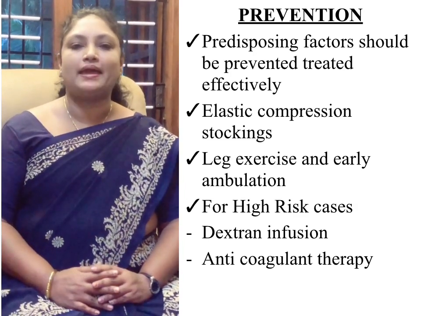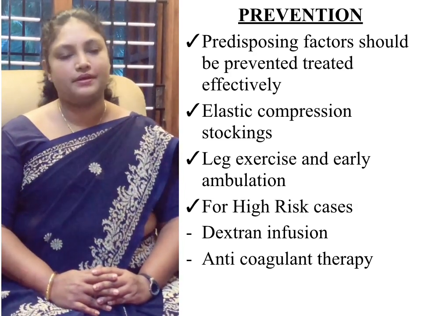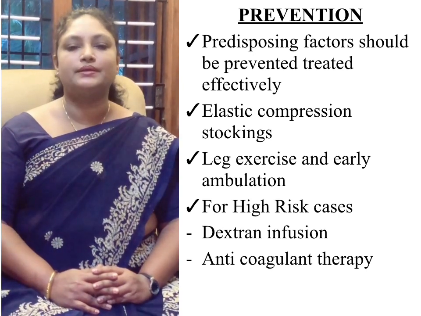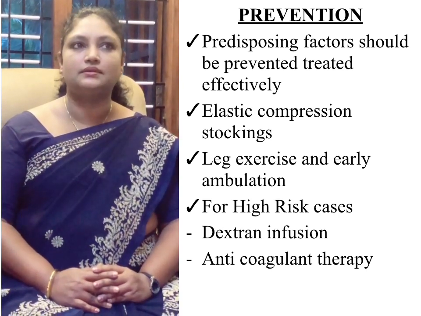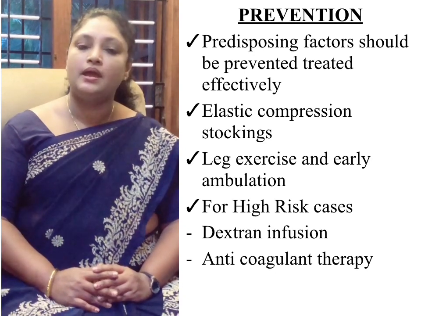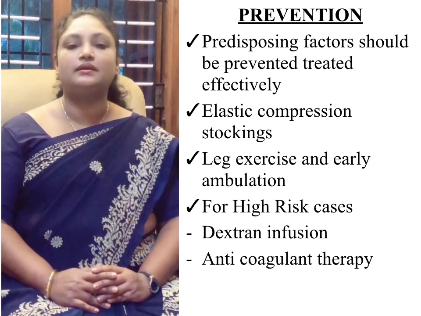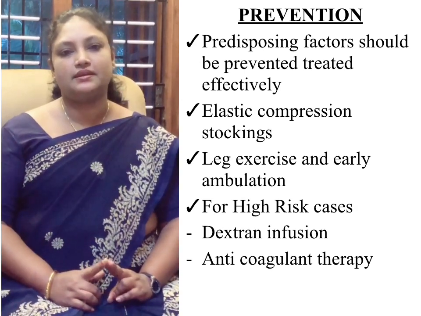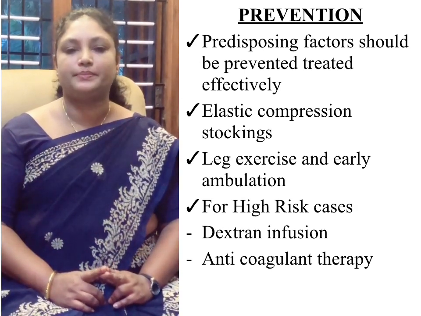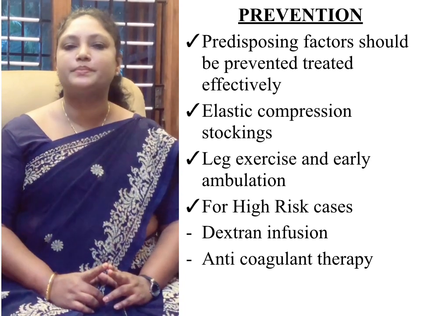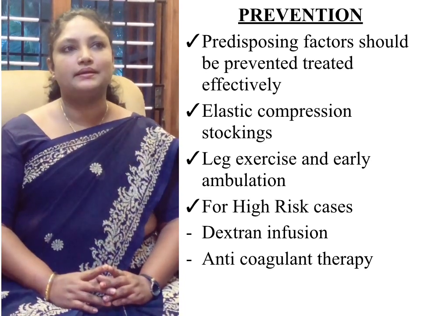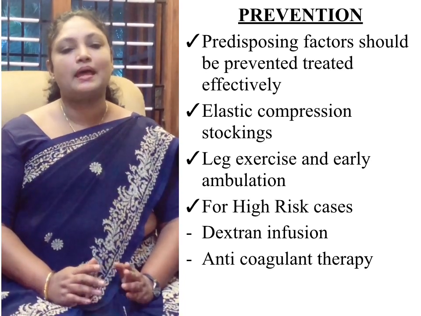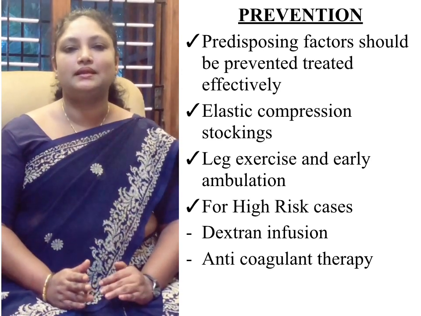And in case of high risk patients, those who are prone to get thrombosis, usually not for normal vaginal delivery but for cesarean section, the doctor will order either dextran infusion or anticoagulant therapy. For most patients they will order heparin after cesarean section. The heparin should not be given immediately after the surgery.